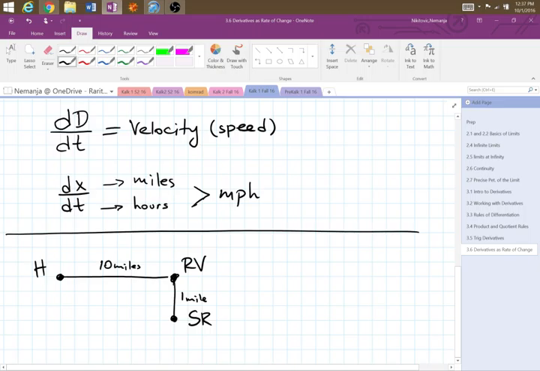So now, this is the distance versus displacement. When you go from home to RVCC, they are both the same.